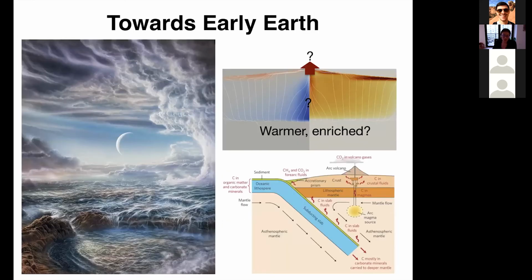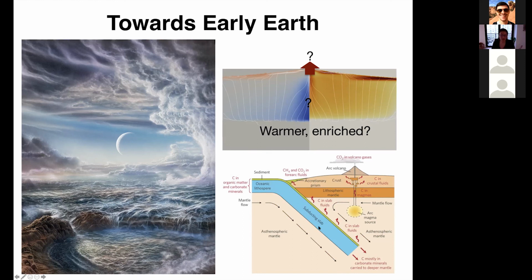I started off in the beginning posing this big question of how continents form and how they co-evolve with these plate boundaries. So hopefully now that I have a better understanding of at least mid-ocean ridges, I can slowly start to move towards early Earth, where we can play with parameters closer to early Earth, like a warmer, maybe more enriched mantle.